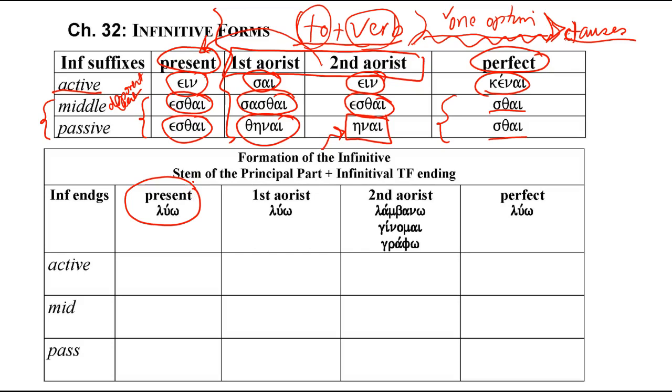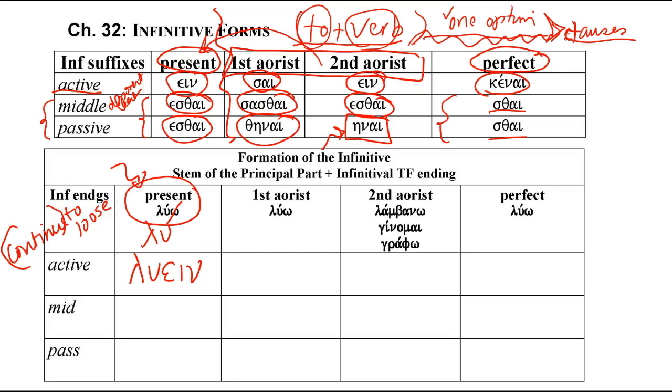The present infinitive for the active, if I use lu as a paradigm, so the stem is lu, would be luein. And the most simple translation would be to loose, but since this is a present tense stem, it actually has the meaning sometimes of continue to loose.